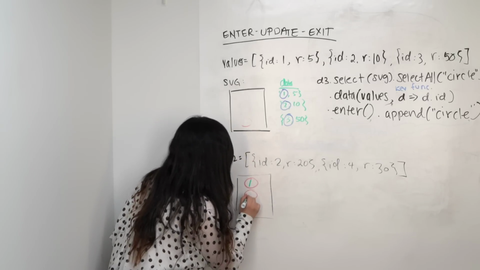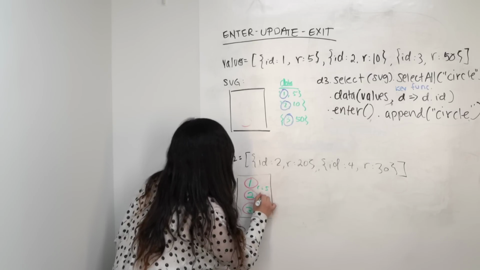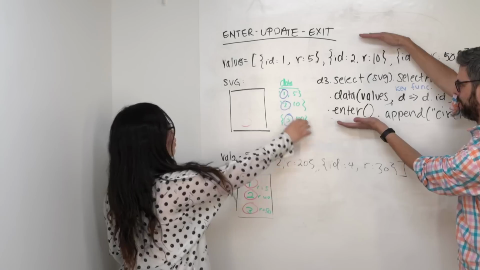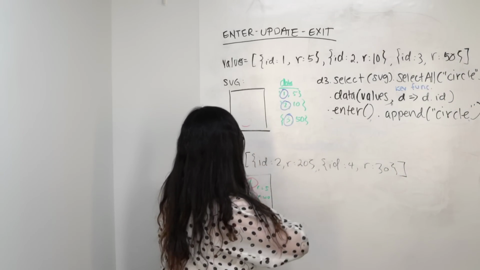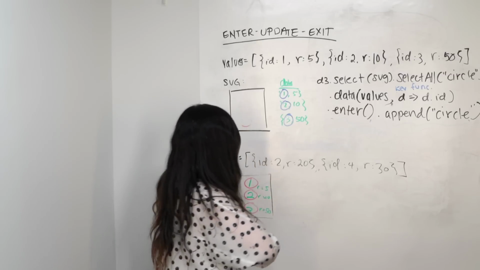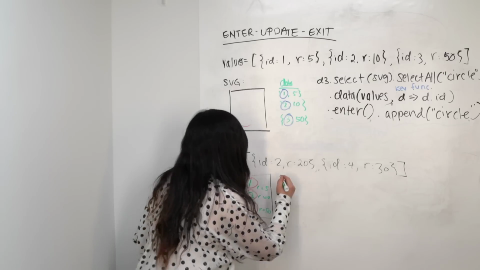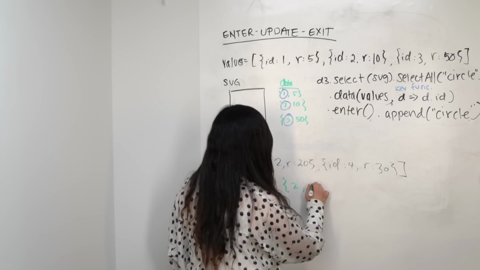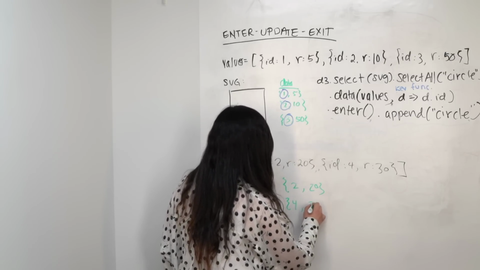This is ID 1, 2, and 3, and the radius is 5, 10, 50. This is the result after that. And then our new data is ID 2 with radius 20 and ID 4 with radius 30.